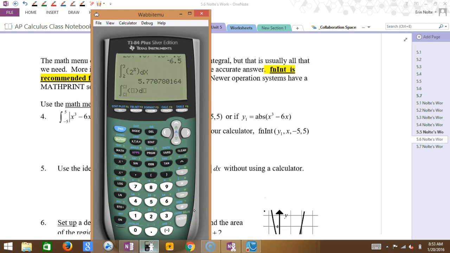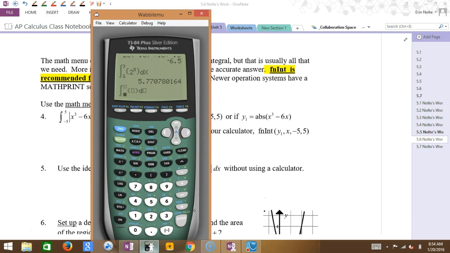And that sets up the exact notation for a definite integral. Just be aware that the 84 will not integrate an indefinite integral. You have to have a bound for the 84.